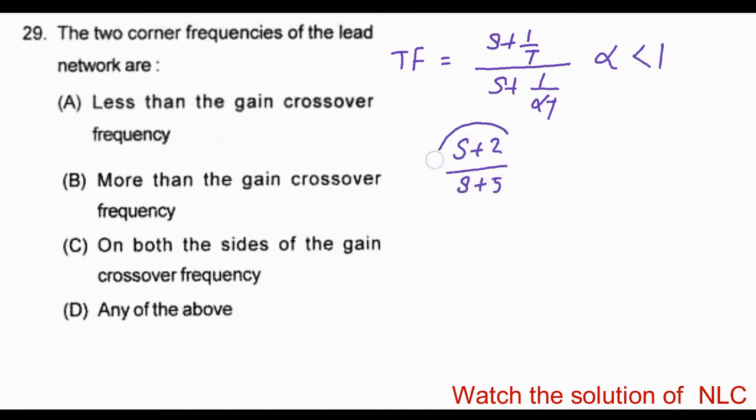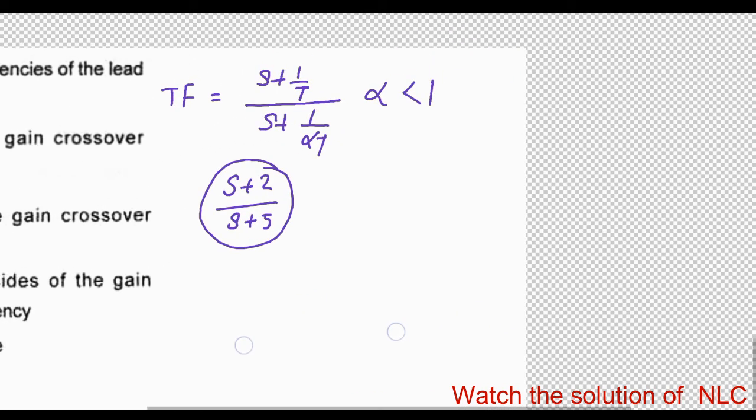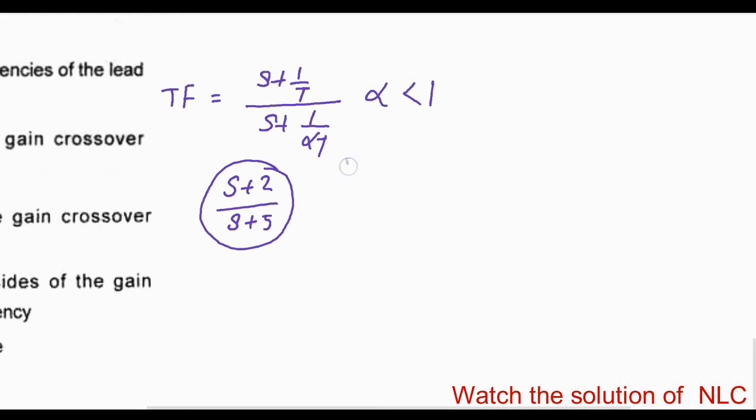This is the transfer function. And what are the corner frequencies? Here corner frequencies are 1 by t and 1 by alpha t, like 2, 5. These are the corner frequencies.